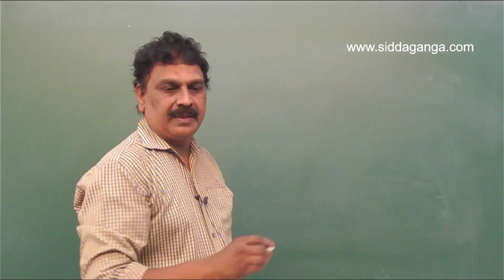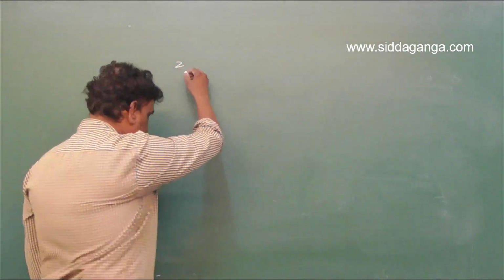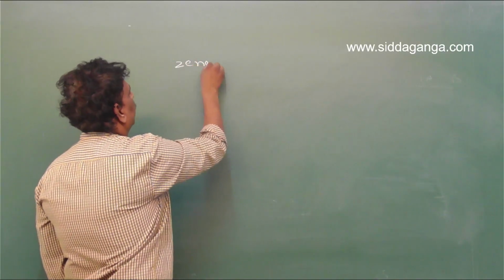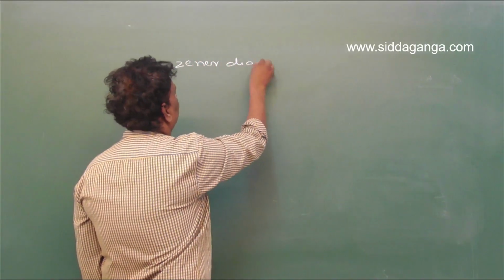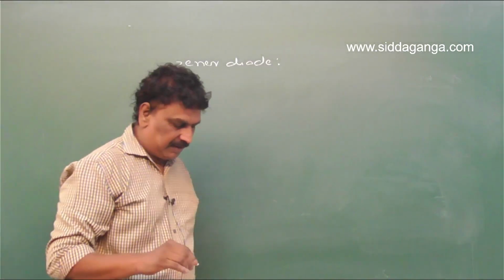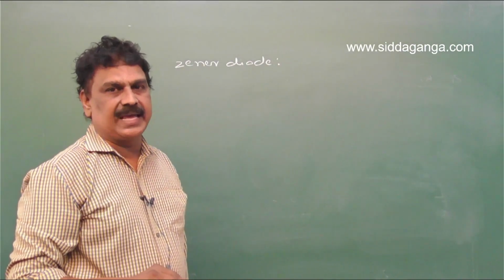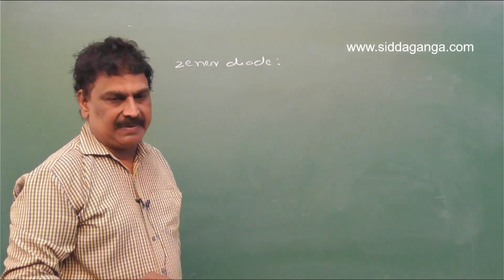Now, in this question, we are given a Zener diode. It works on a particular reverse voltage and it is mainly used as a voltage stabilizer.